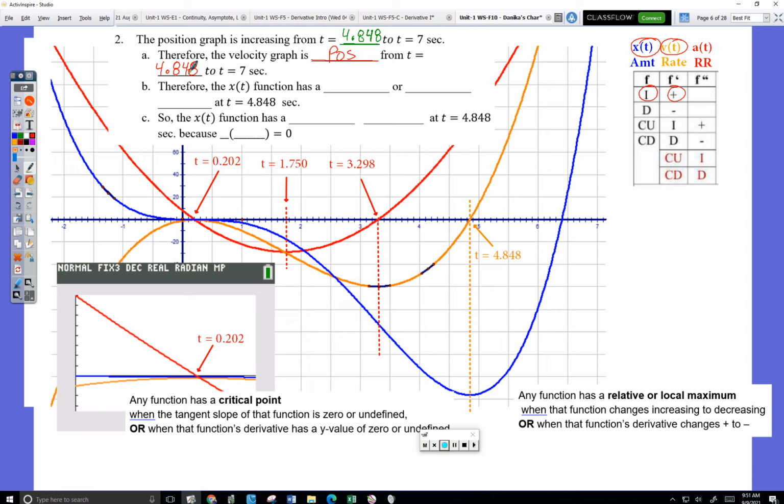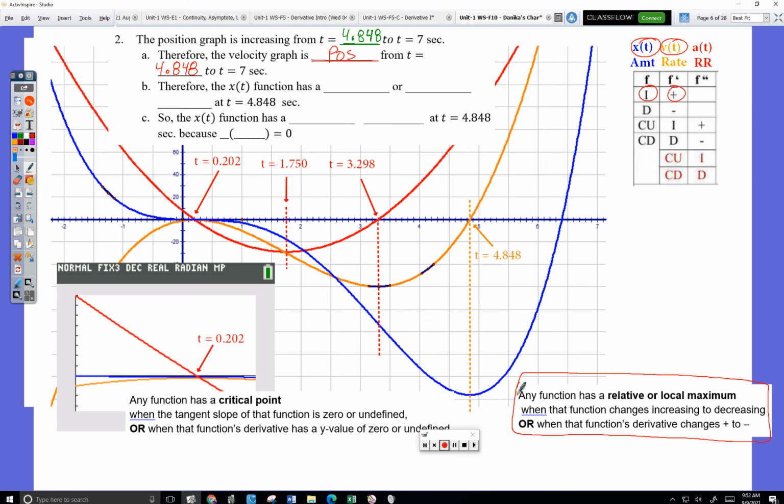The definition is, any function has a relative or local max when that same function changes from increase to decrease.